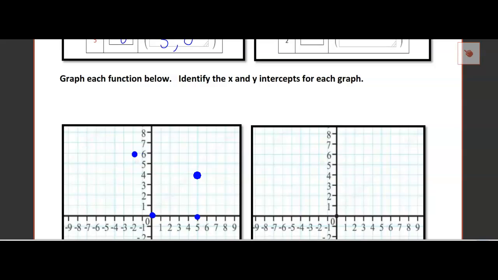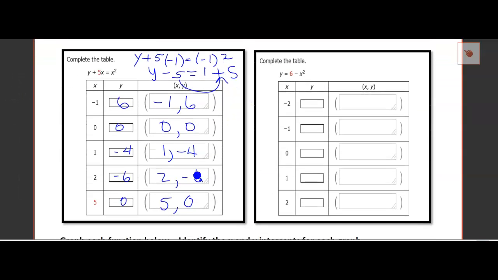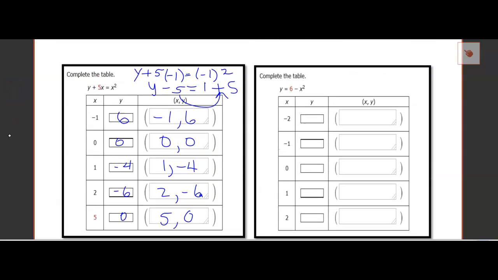Now you may not realize this, but this is the graph of a parabola. So if I wanted to put this into my calculator to see a better graph, then I would type in here's my equation, y plus 5x equal x squared.